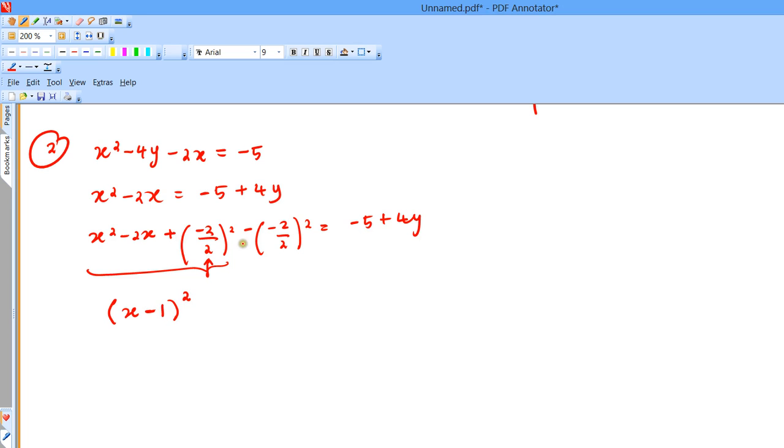Next we have minus, and in this bracket we have -2 over 2 equal to -1, squared equal to 1, and the right hand side is -5 + 4y.